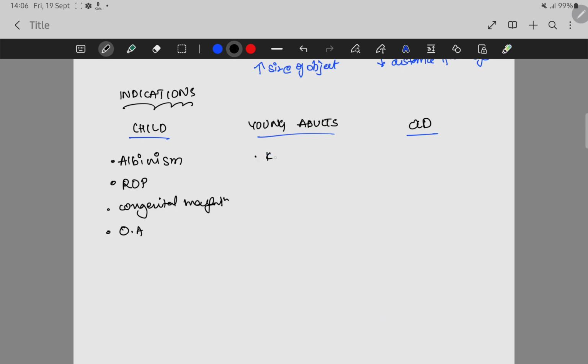In young adults we have keratoconus, ocular injuries, RP, and late manifestations of congenital conditions.